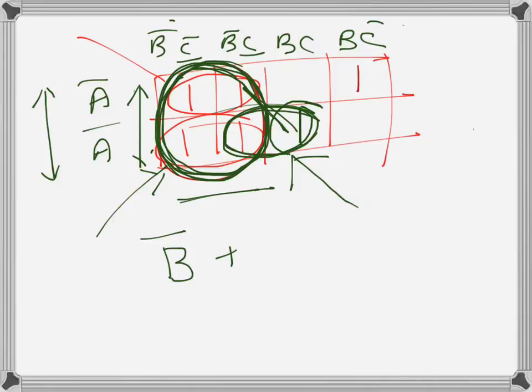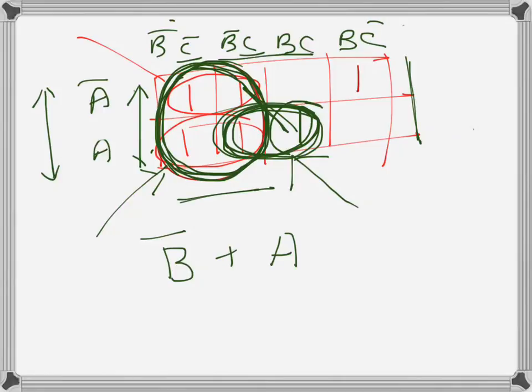Similarly, when we look at this one, we see that A is not changing because that's A there. This is not A bar. So we will write A first, and then we will look at what is not changing in this direction.